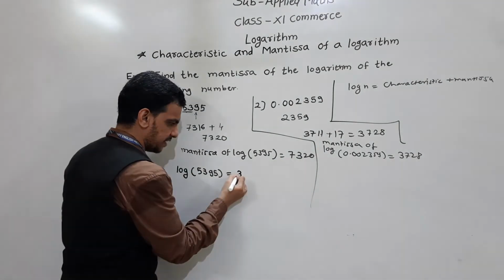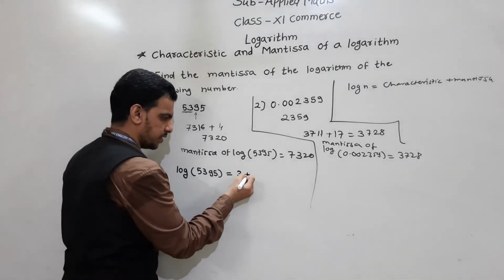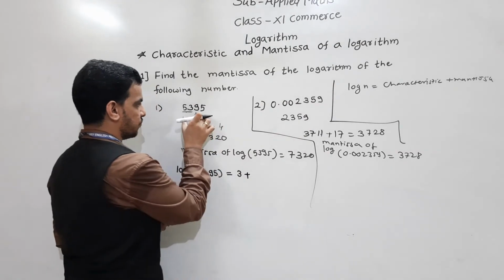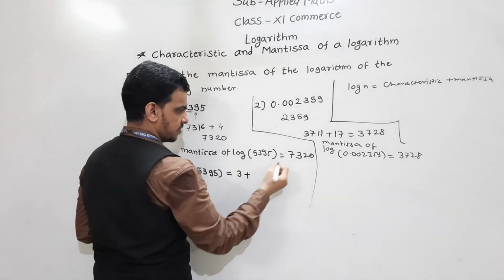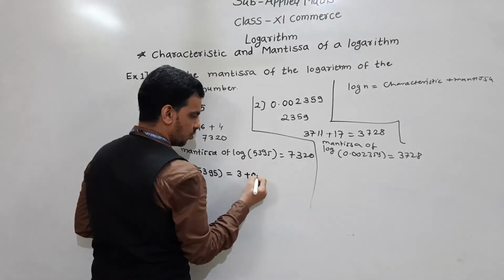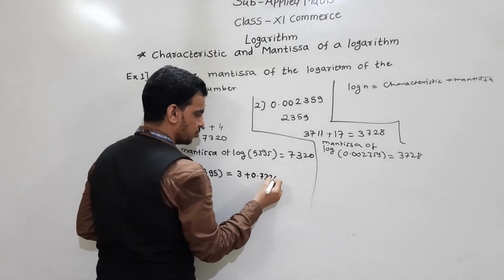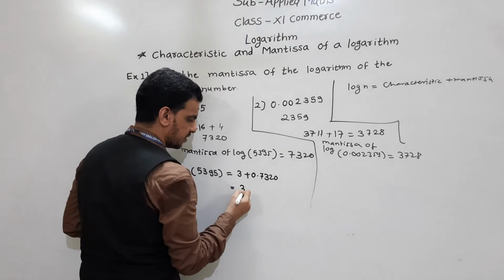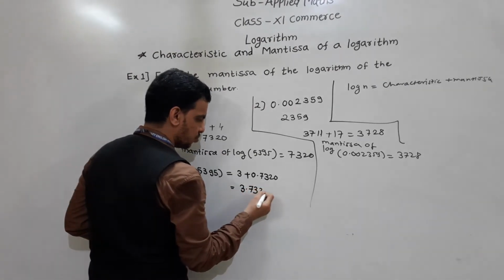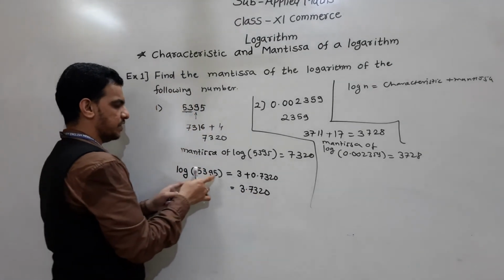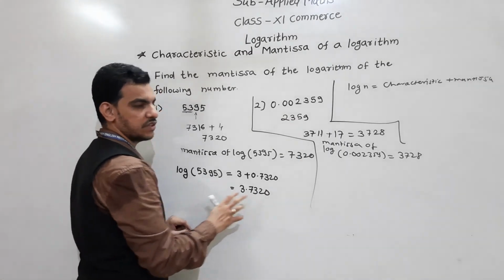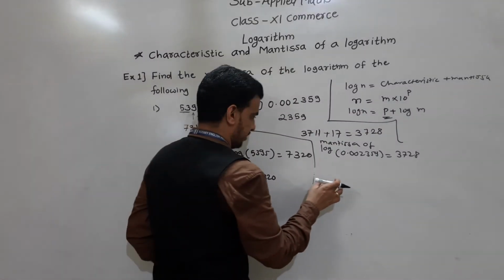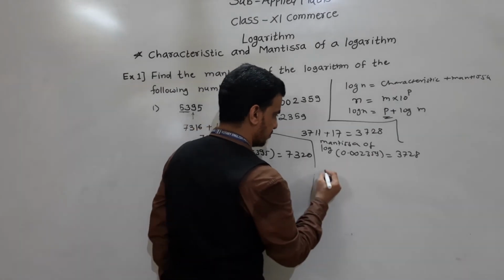So 3 is the characteristic. So 3 plus the mantissa of this number, already we found that 7320, so it is 0.7320. Okay, so when we add this, it is 3.7320. So log of this number is 3.7320.